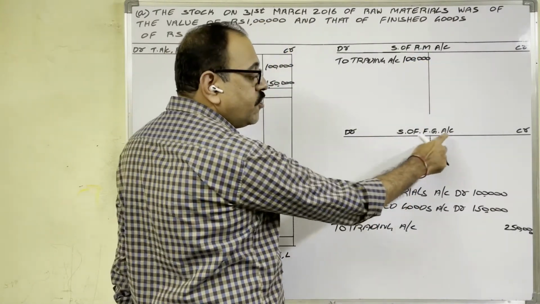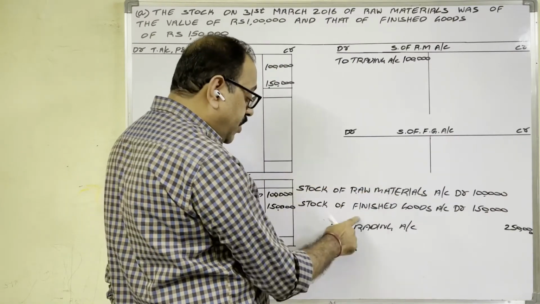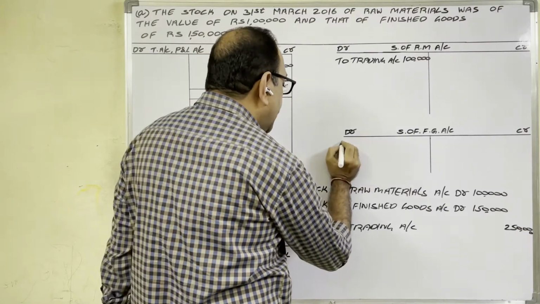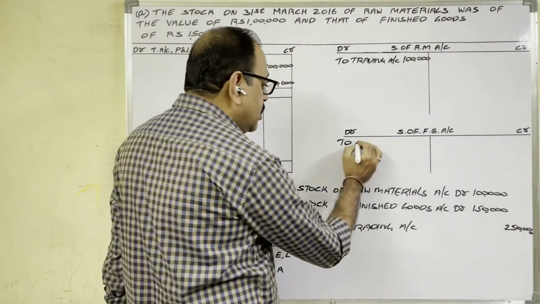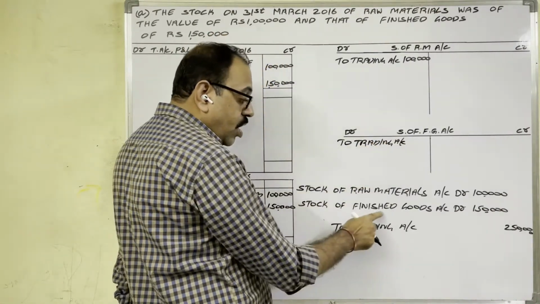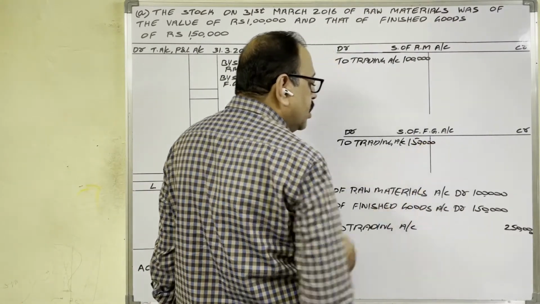Similarly, in the stock of finished goods account also, that entry will be debited because in the entry the stock of finished goods account is debited. So debit side. What to write on the other side? Trading account is there. To trading account. Amount, stock of finished goods amount, 1,50,000 rupees.